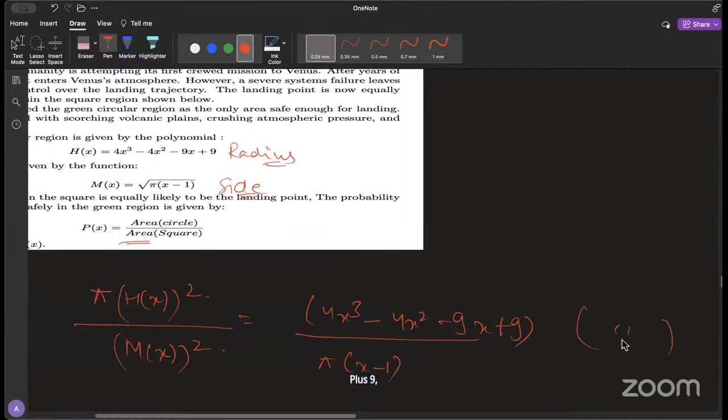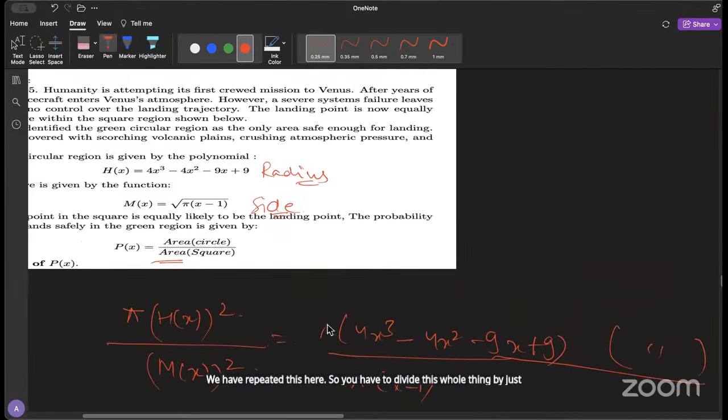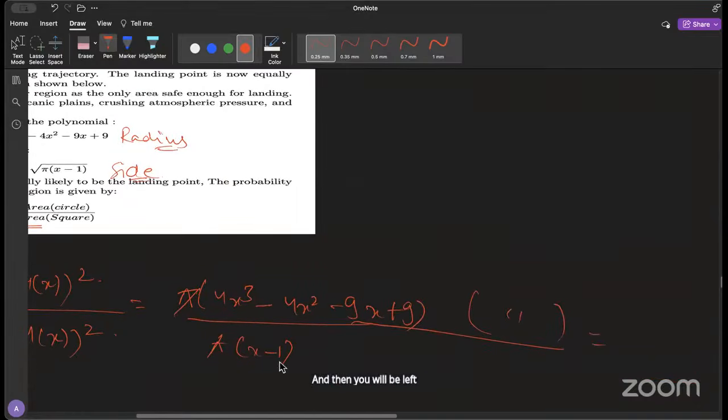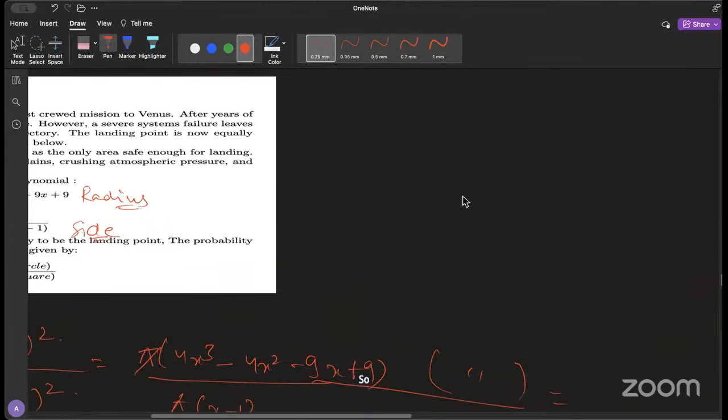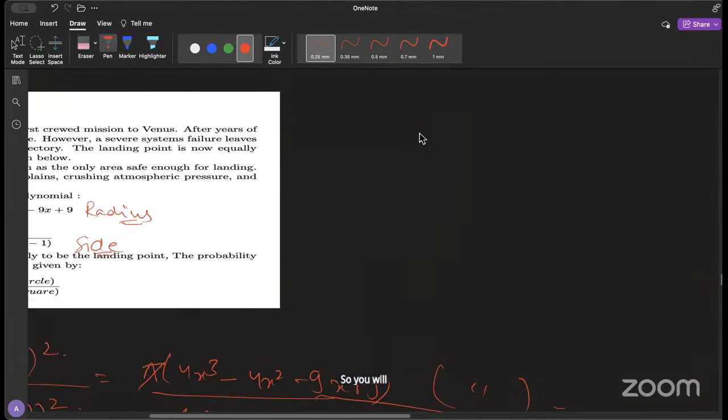And this same thing is repeated again. We have repeated this here. So you have to divide this whole thing by, and we have pi here, right? So pi gets cancelled. And then you will be left with, so you just have to perform division now. So you will get 4x cube minus 4x square minus 9x plus 9.